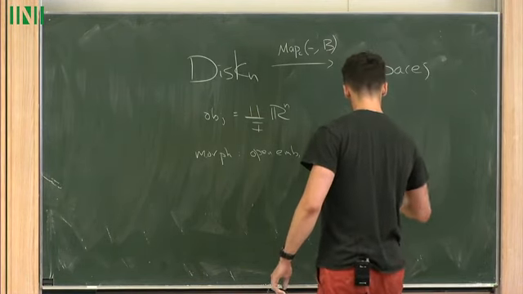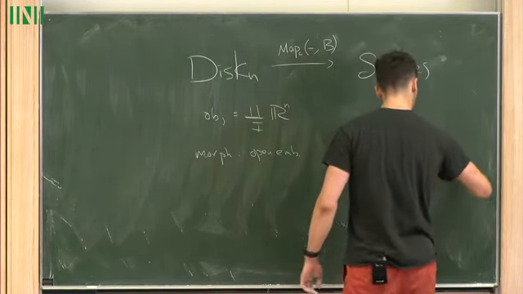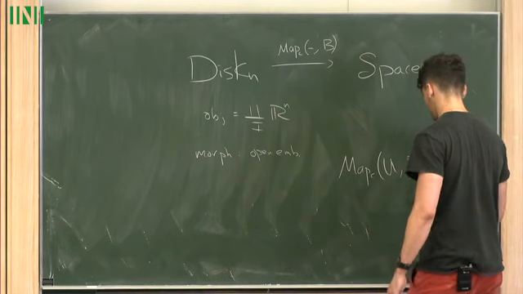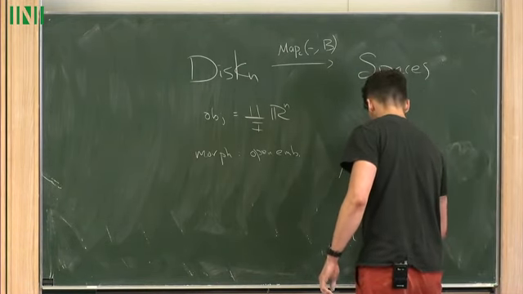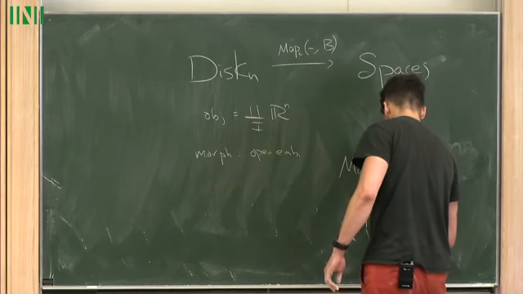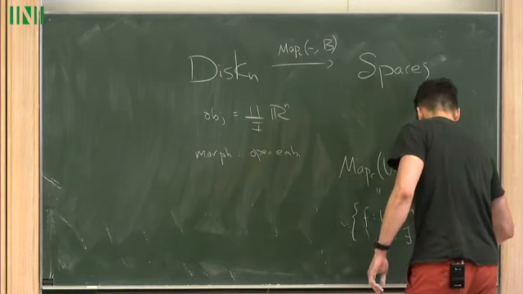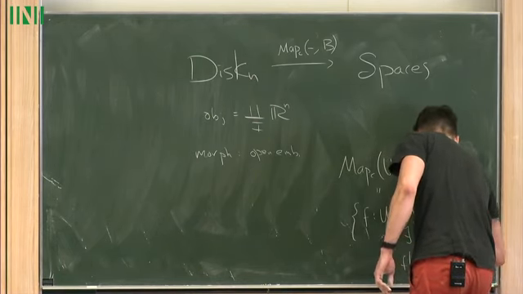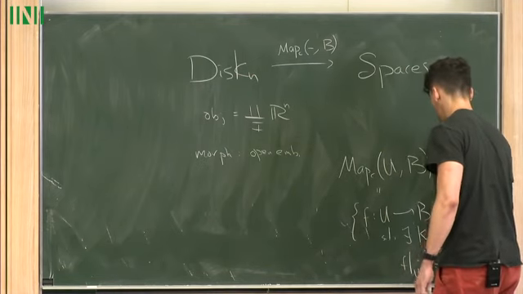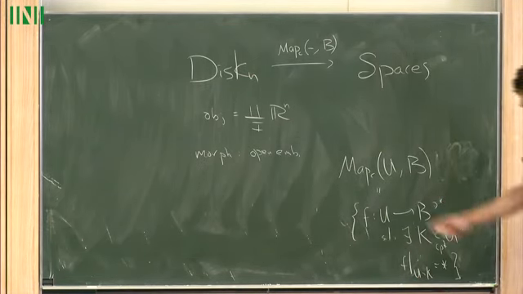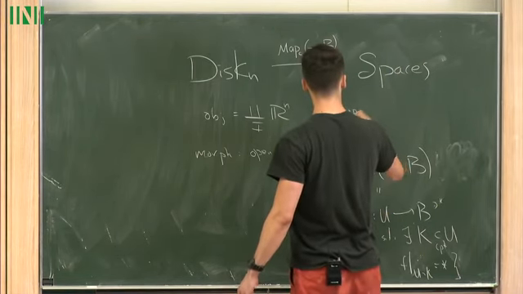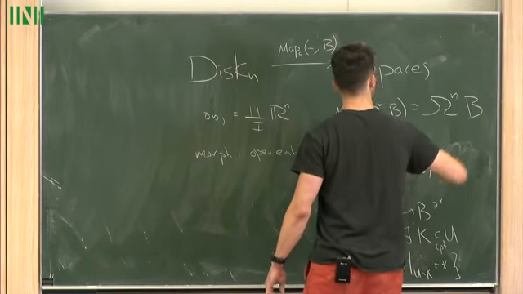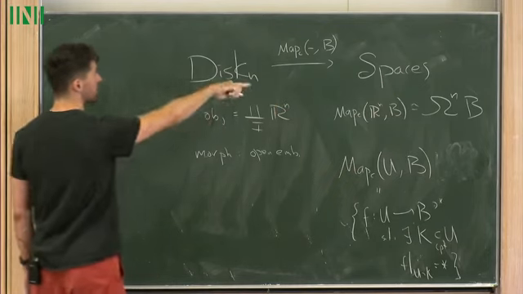So Map_c(U,B) sits inside, well, those maps f such that there exists some compact k inside of U such that f restricted to U minus k is equal to the chosen base point of B. If you evaluate compactly supported maps from R^n to B, this is equivalent to the n-fold loop space of B, and note that it sends disjoint unions to products.